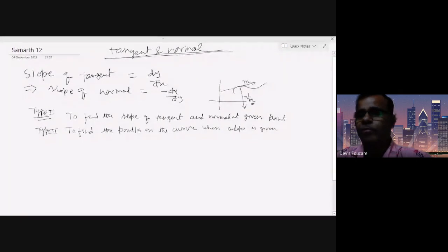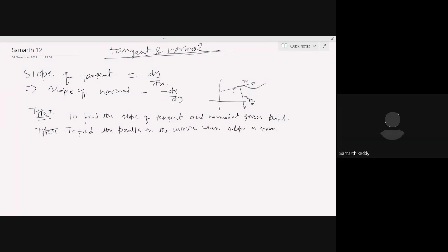Either the slope will be given or there will be some way to find the slope of the tangent or normal, whatever.